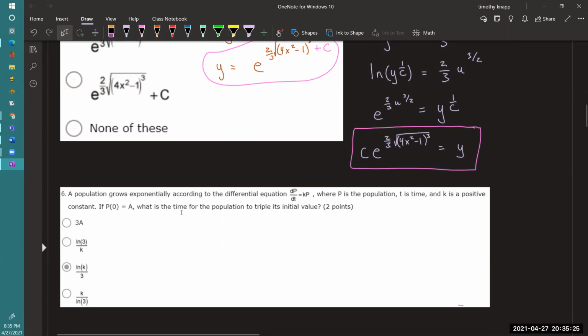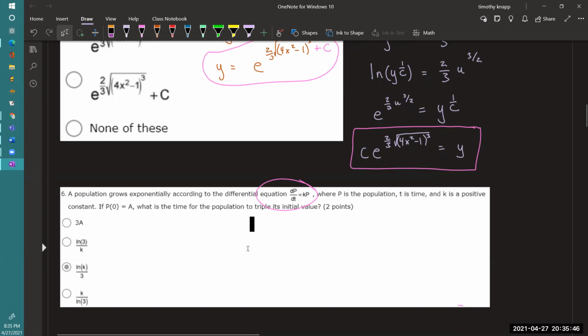So it says a population grows exponentially according to the differential equation given, where P is the population, T is time, K is a positive constant. If P of 0 is A, what is the time for the population to triple its initial value?